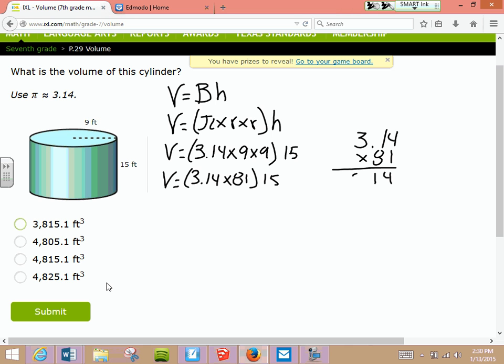4, 1, 3. Are we still aligned with the numbers? Yes. All right. So 8 times 4 is 32, right? Carry 3. 8 times 1, that'll be 11. Carry 1, 24, and 25. So that'll be 4. That'll be 3. That'll be 4, 5, 2. This is what I mean by dropping it all the way down.